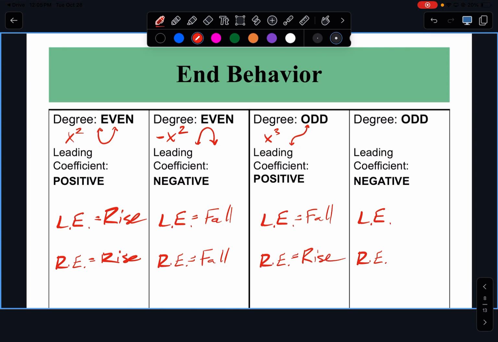We know that with odd functions, if it's an odd degree, the left end is going to do the opposite of the right end, and vice versa. So if we put the negative in there, now my snake's just going the other way. The left end is now rise. The right end is fall.